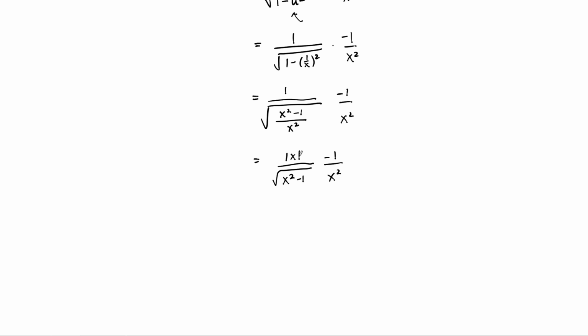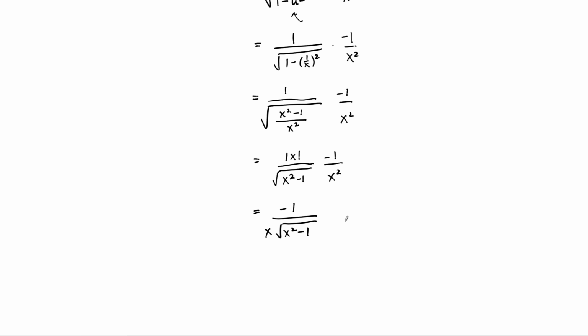You can work that out. Just very carefully think about the different options: if x is negative, if x is positive, if x is 0, what happens here. But it turns out that this absolute value of x and this x squared cancel each other out. And so what we end up with is negative 1 over x times the square root of x squared minus 1.